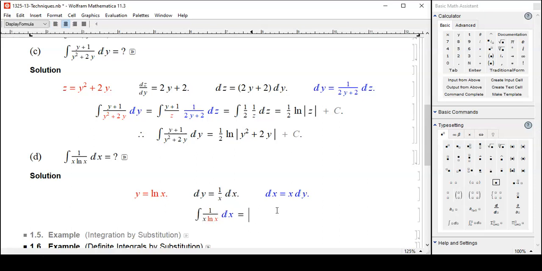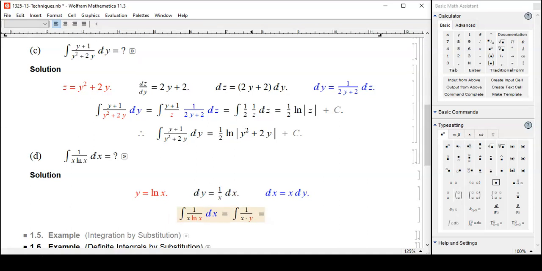Let's substitute those in. Red is gonna be y. And this is gonna be x dy. Blue. Okay, did I substitute everything right?